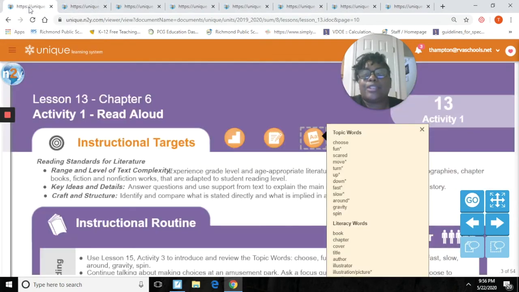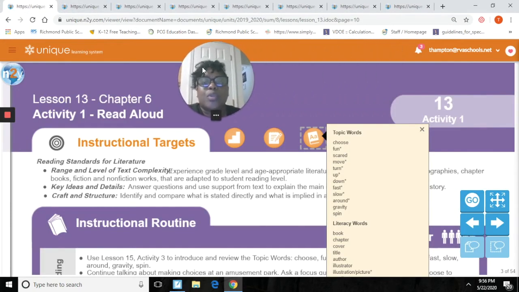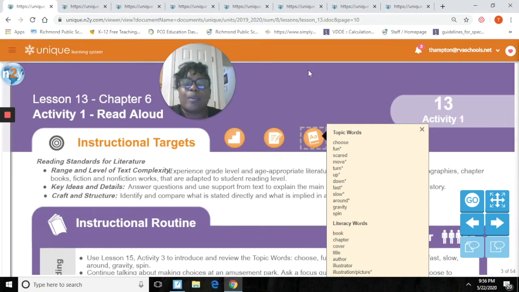Before we begin our story, you always know what we're going to do. We're going to go over those topic words first because I want you to be able to focus in on these words as we read the story. So what I want you to do is get your pencil and underline the words in the story. You can do this after we have finished reading the story.